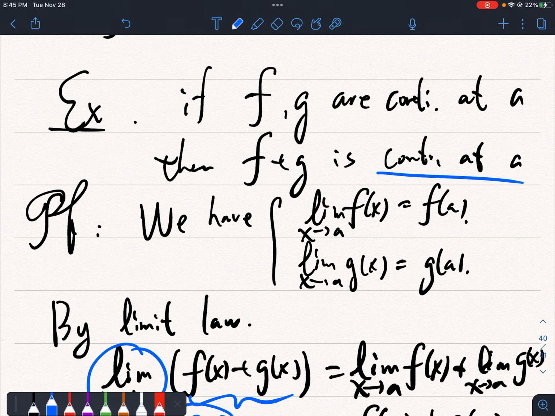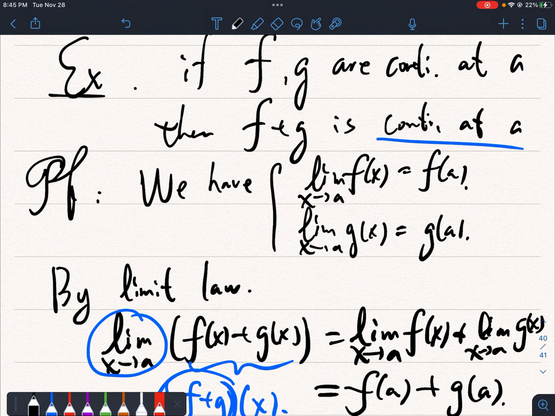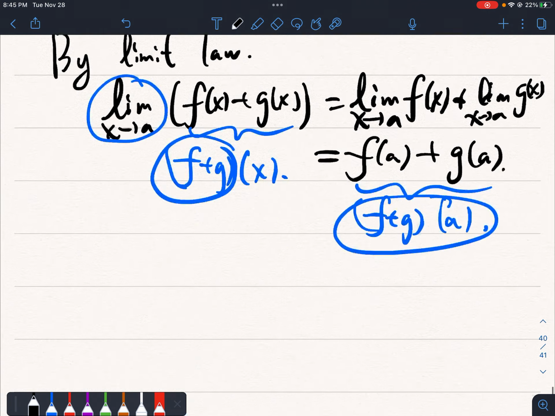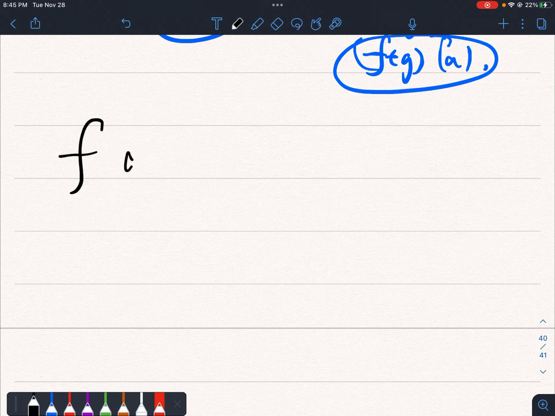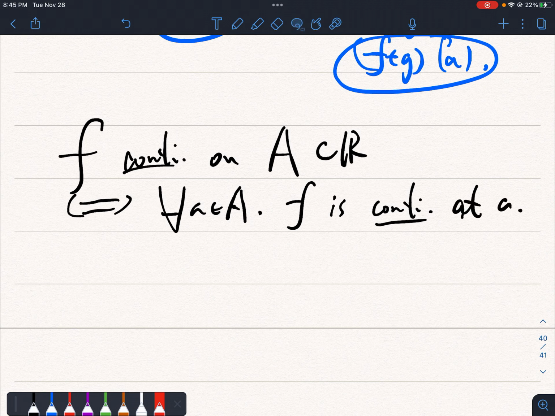And we actually define continuous functions pointwise, which means we define a function to be continuous on a set if and only if it's continuous at all the points. Okay, so usually we define that f is continuous on a set A in R if and only if for all a in A, f is continuous. But sometimes we have a different definition.